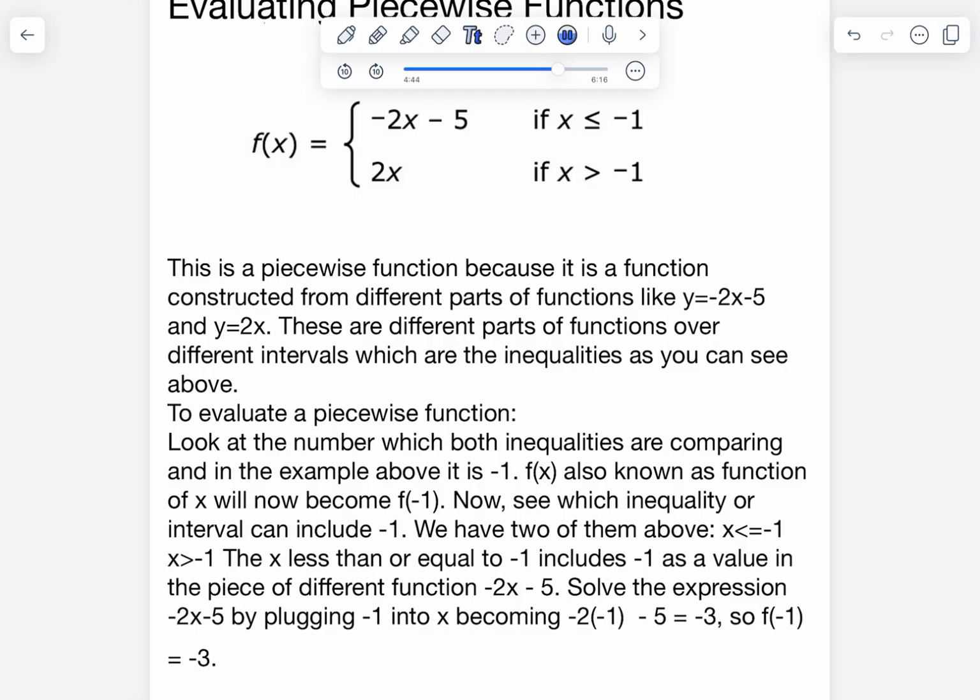Not both inequalities will include the value negative 1. Only one of them will include the value of negative 1. That's like that in many piecewise functions. That's kind of the format.